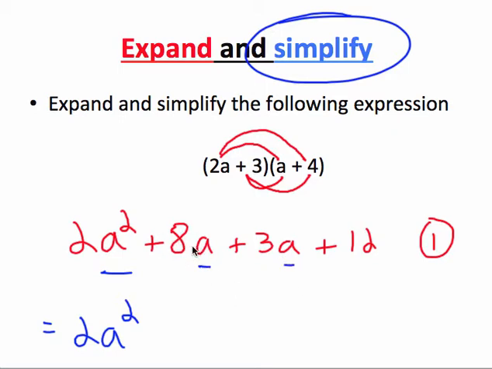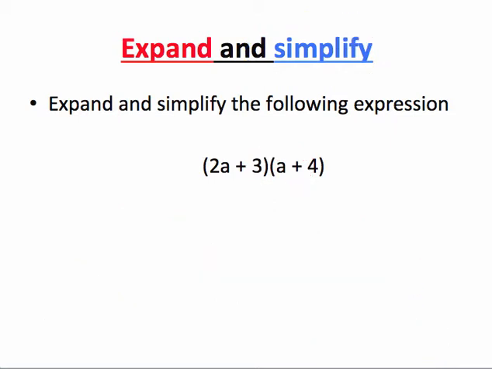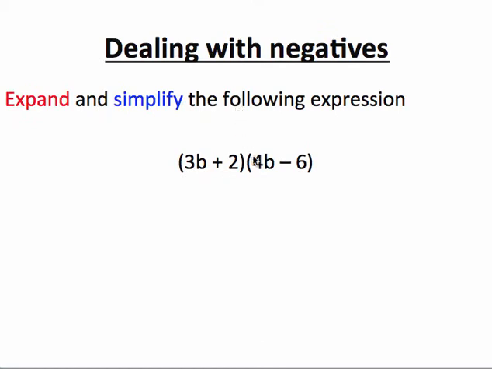I've got 8 lots of A here, I've got 3 lots of A here, they're like terms, so I can combine them. 8 plus 3 is 11A, and then I'm left with a number on its own, 12, so I add 12, and happy days, I get my second mark. And this is the concept of double brackets, and that is why they are delightful, because it is the same rules every single time. However, sometimes they throw a little negative in there as well.